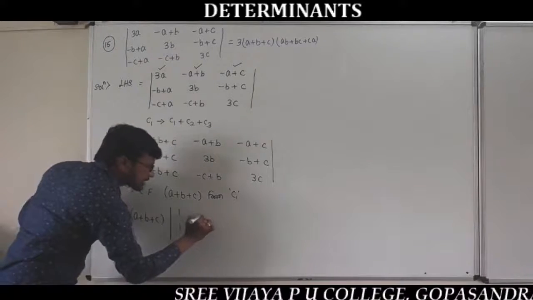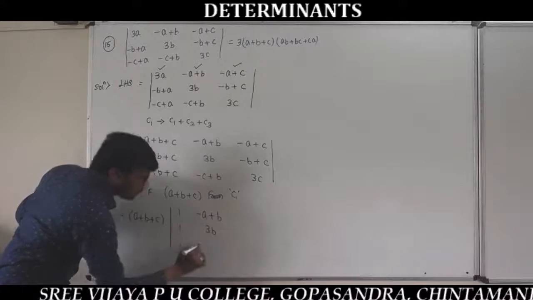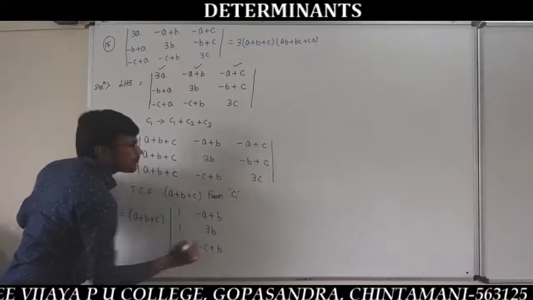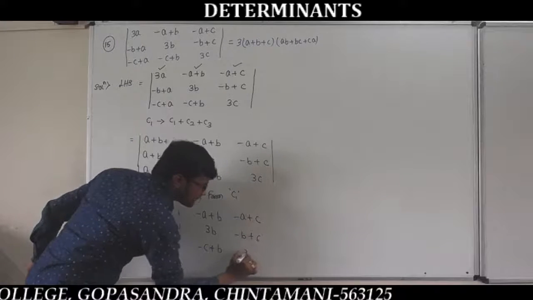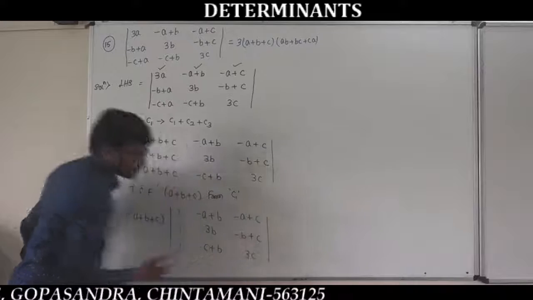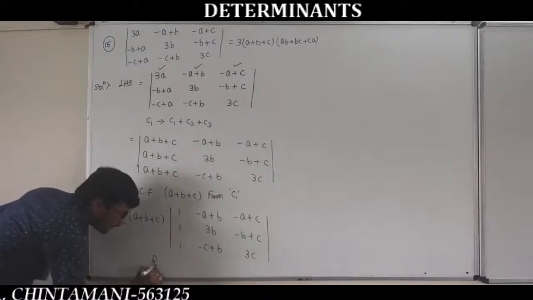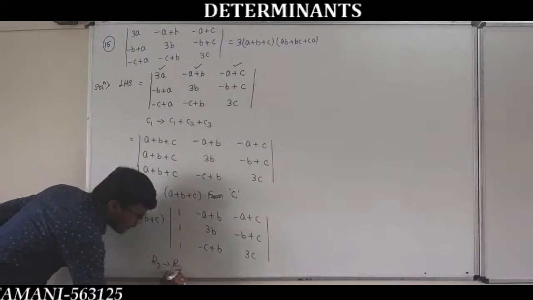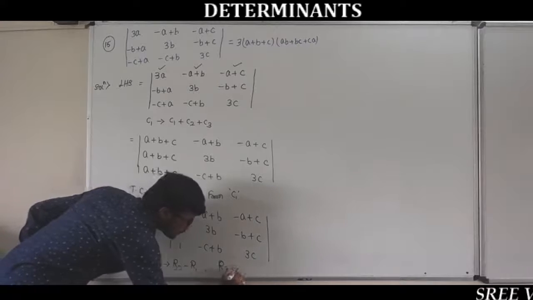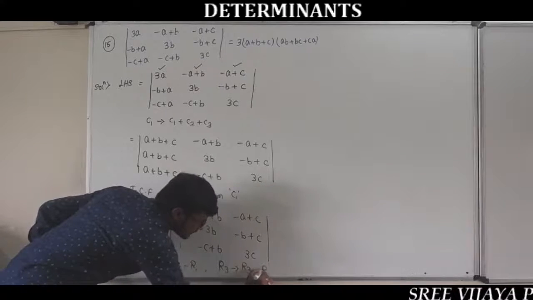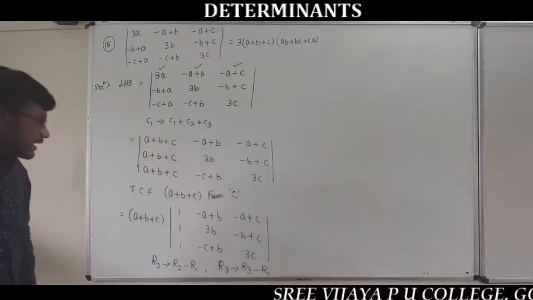Columns 2 and 3 stay as they are: minus a plus b, 3b, minus c plus b; minus a plus c, minus b plus c, and 3c. Now we can apply row operations: R2 changes to R2 minus R1, and R3 also changes to R3 minus R1. Let's see what answer we get.